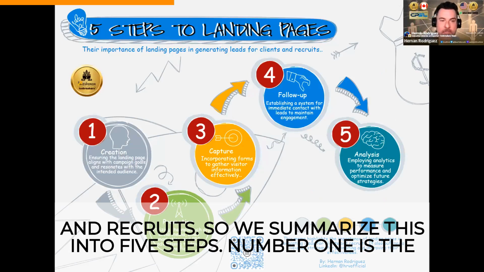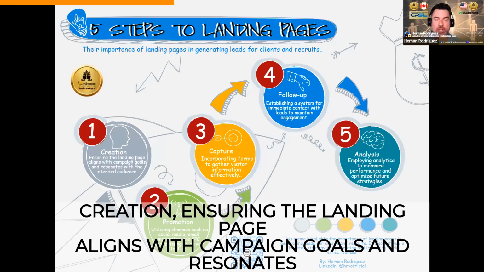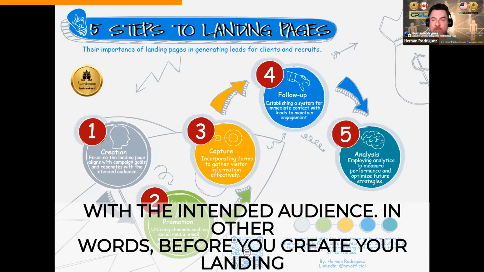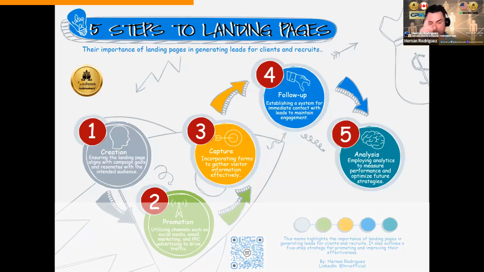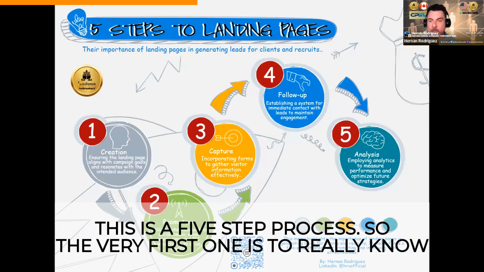Number 1 is the creation, ensuring the landing page aligns with campaign goals and resonates with the intended audience. In other words, before you create your landing page, you must know who is your target audience, of course. And so this is a 5-step process.